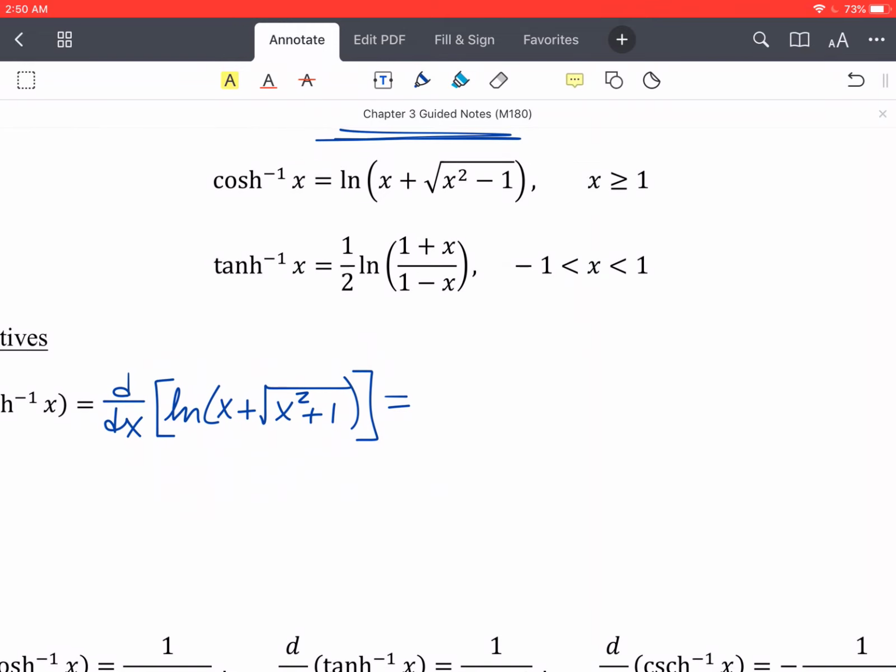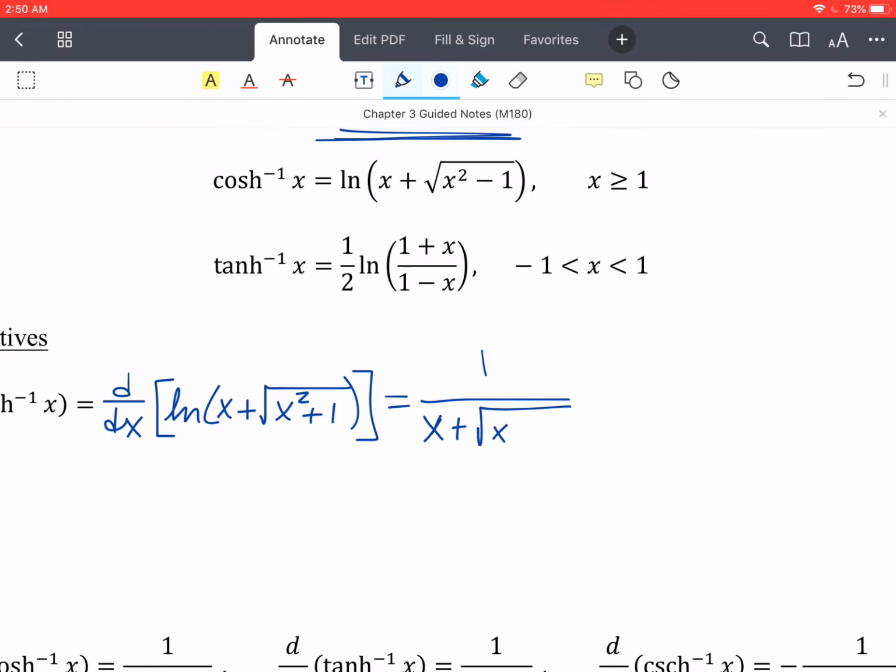So if we take that derivative, the derivative of the natural log is 1 over whatever's on the inside, times the derivative of the inside. And that's where the chain rule comes into play.